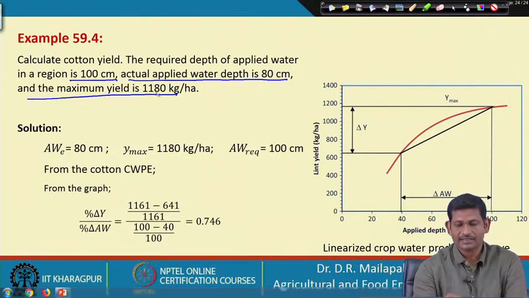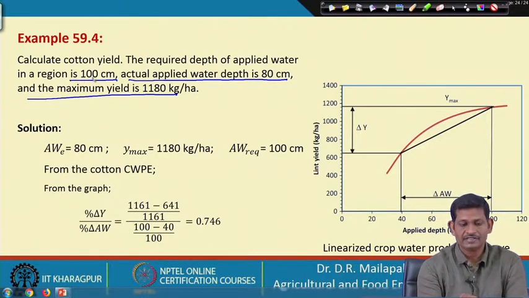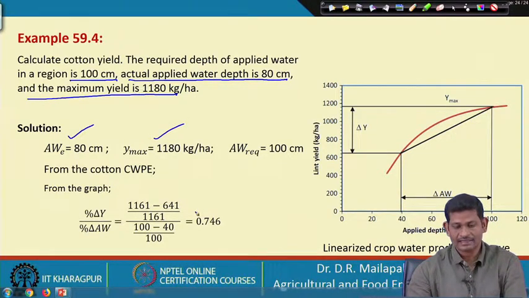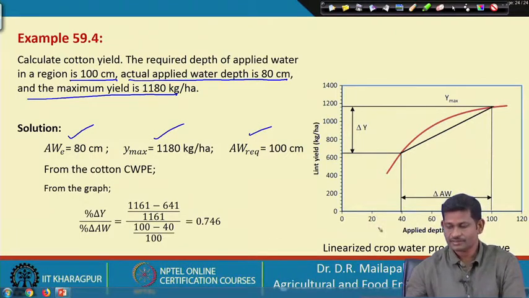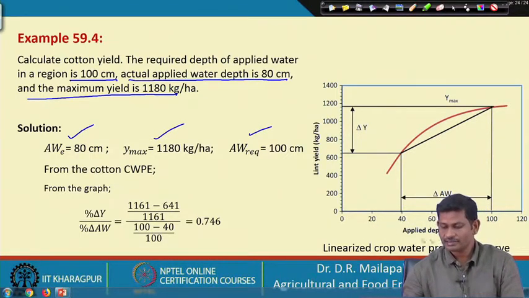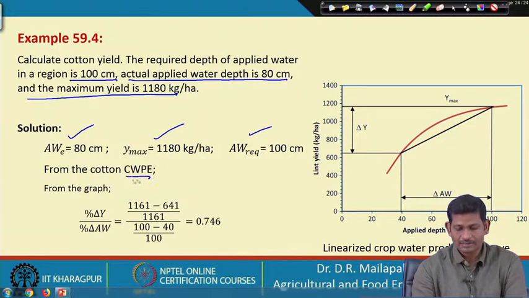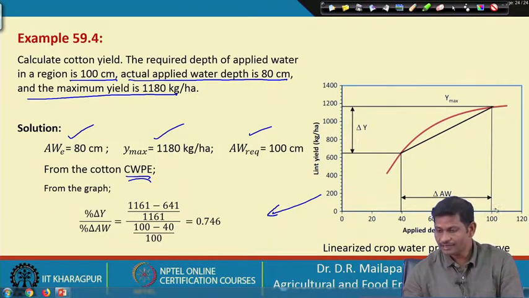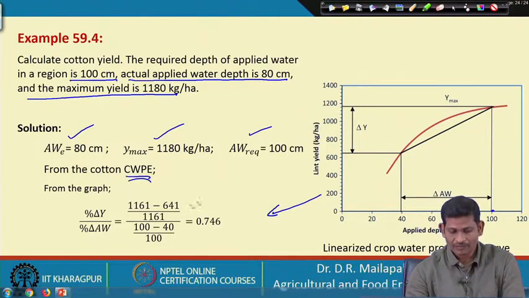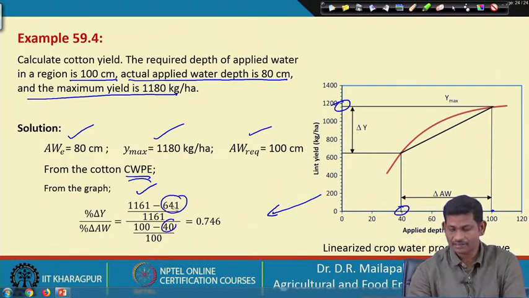From the graph, already available from the experiment, for 100% you get 1161 and for 40 you get 641.